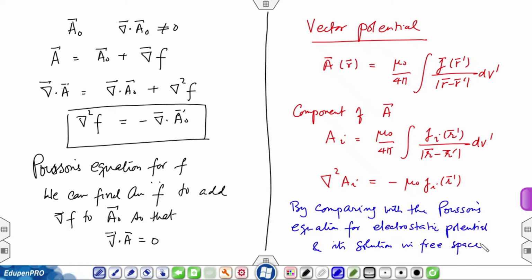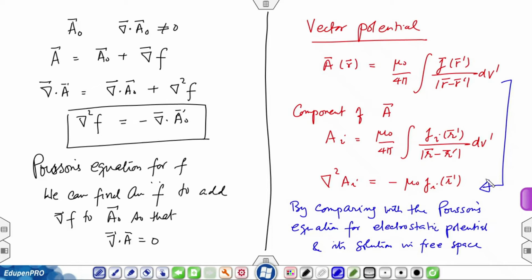This time I am going the other way. I have the solution, and from there I am getting the Poisson's equation. So, if I solve this equation and still find that after I have solved it that divergence of A is not 0, I can make it divergence less by adding some quantity to it. So, we found the equation also.